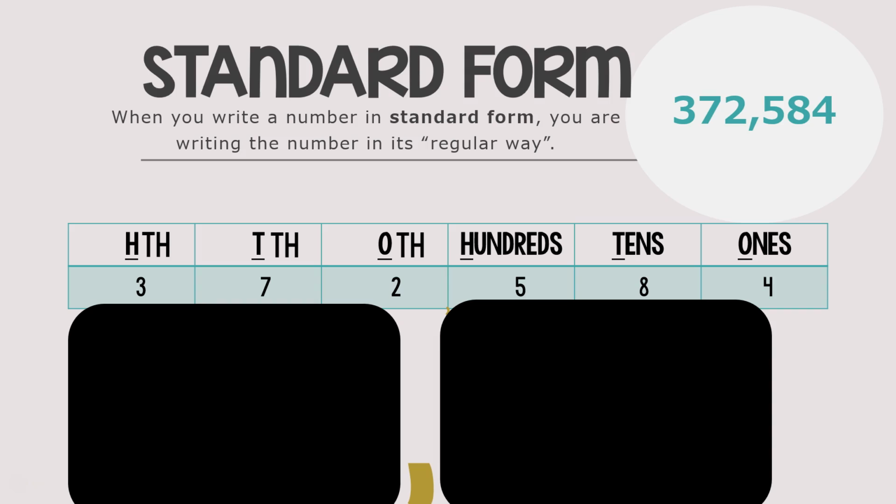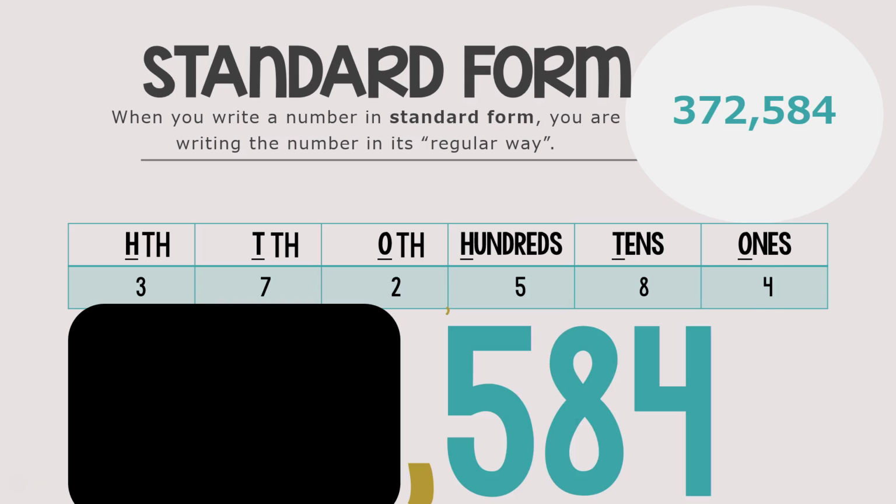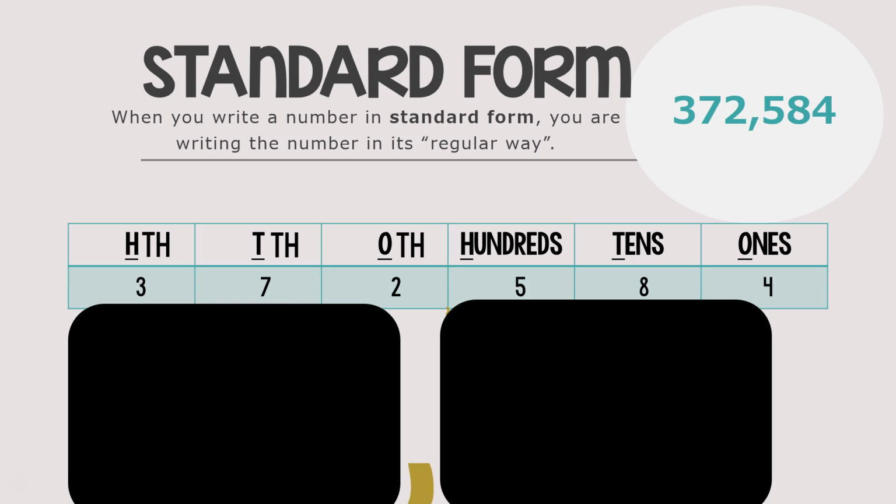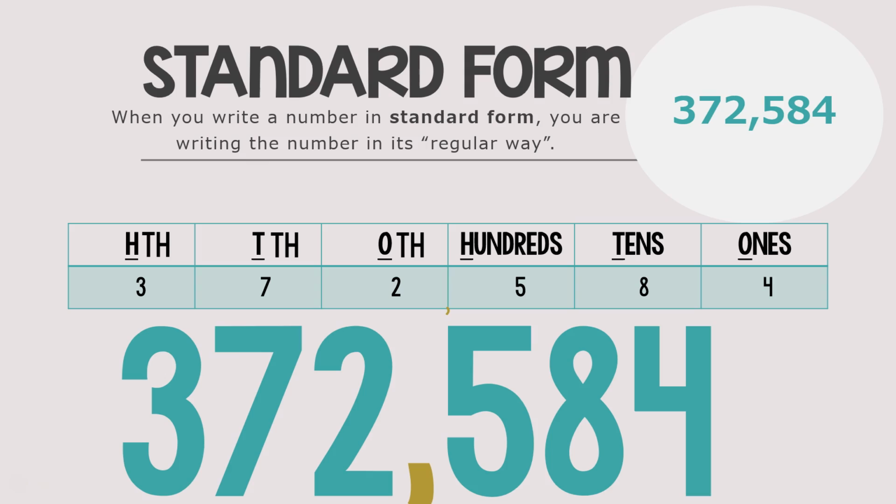And I see a comma, so I'm going to say thousand. And last I have 584. So when it's time for me to put all of those pieces together, I'm going to say 372,584.